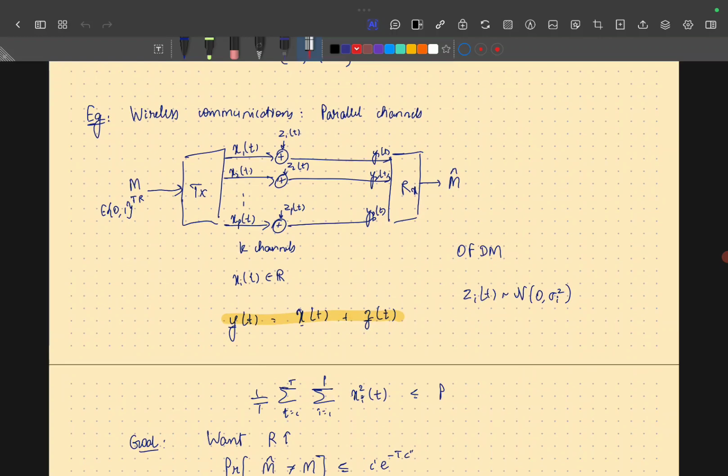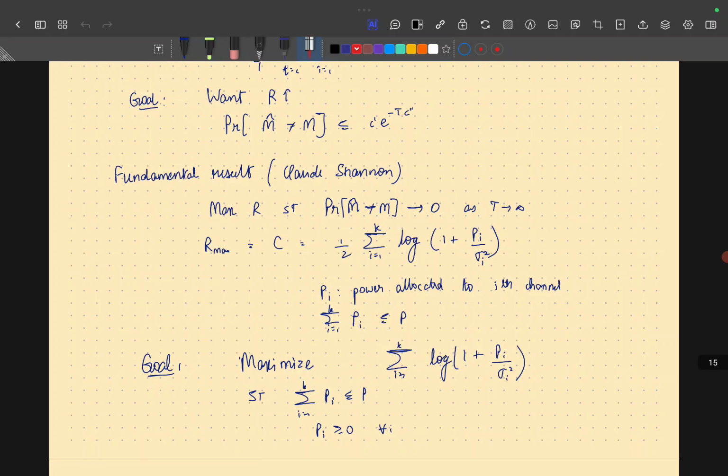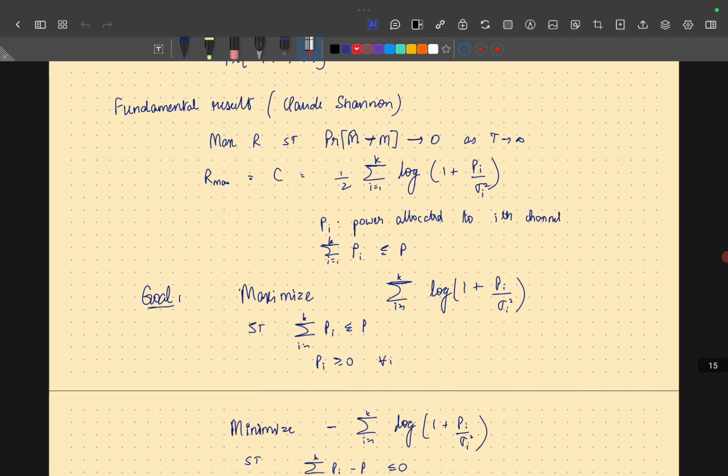Okay? And the other example that I was not able to fully complete in the previous class was this problem of trying to allocate power to various sub-channels in order to maximize the rate. So in this case, we had an optimization problem of the following form, where we wanted to maximize this objective function, which is summation i equal to 1 to k of log(1 plus p_i by sigma_i squared). The sigma_i squares are all parameters that are given to you, and the primal variables are p1, p2, p3 up to pk.